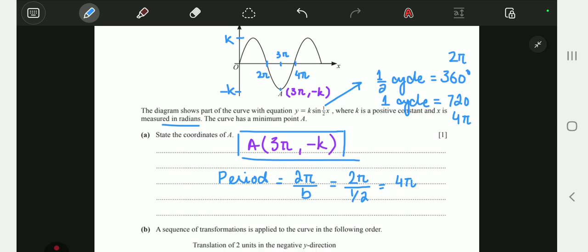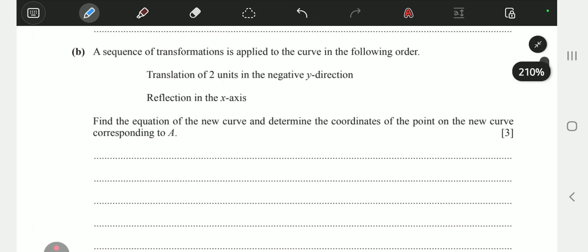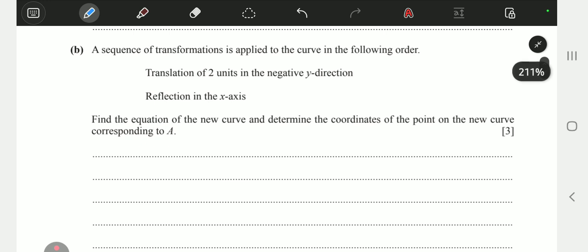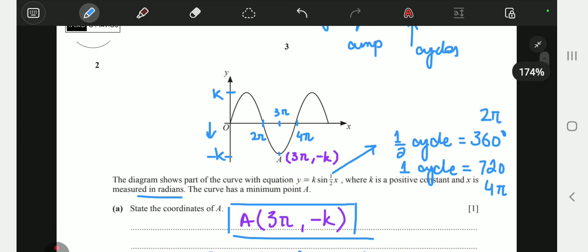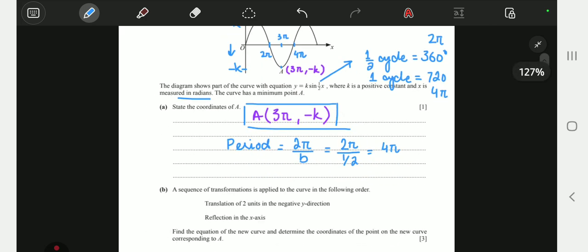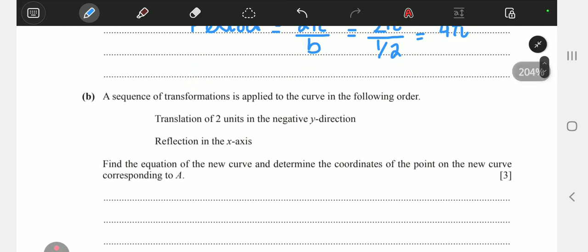Now part B. Part B says that a sequence of transformations is applied to the curve in the following order. Translation of 2 units in the negative y direction. Negative y direction means it is going to be shifted 2 units down, so your translation vector would be (0, minus 2).